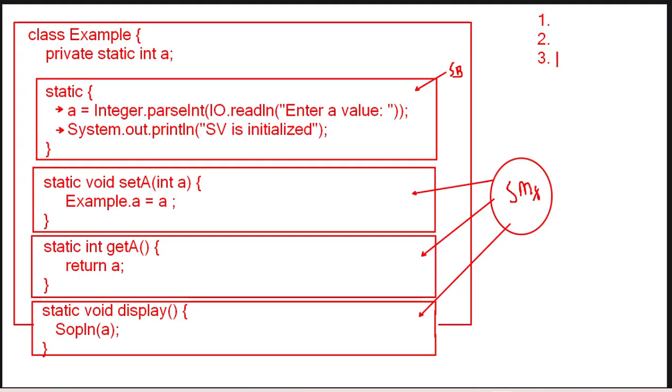So tell me the rules in creating a static block. Rule number 1: in the header portion, in the declaration, only the static keyword must be there. Second, in the body, all statements which are allowed inside a static method are allowed inside a static block, but return semicolon and return value semicolon are not allowed.